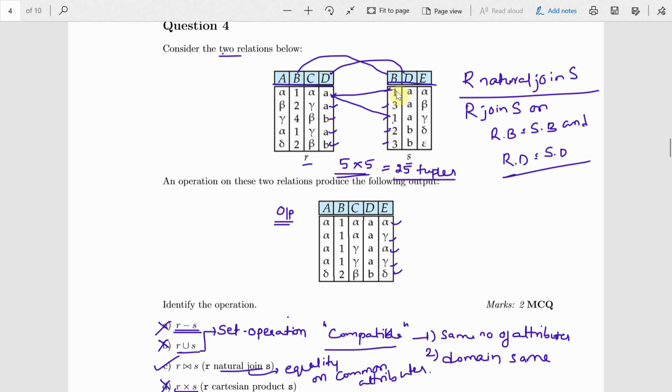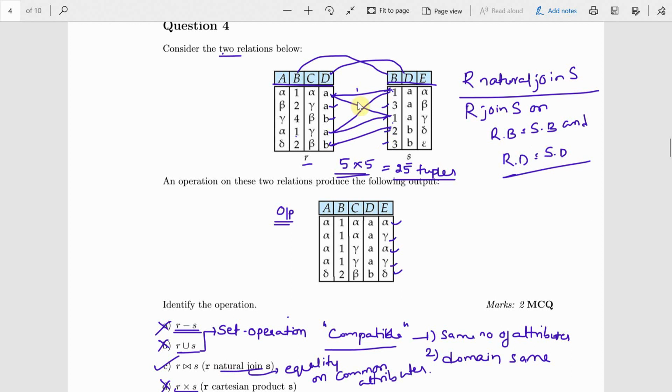And 4 does not have any matches. And 1 A is matching with this tuple because B is 1, B is 1, D is A, D is A. And similarly, this 1 A is also matched with this tuple, 1, 1, A, A. And 2 B, 2 B. 2 matches, B, B matches.